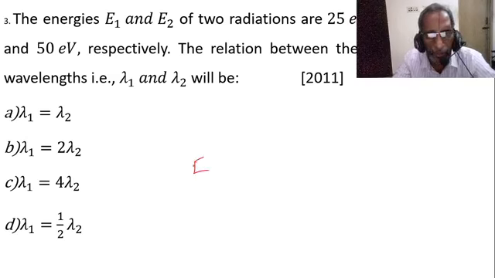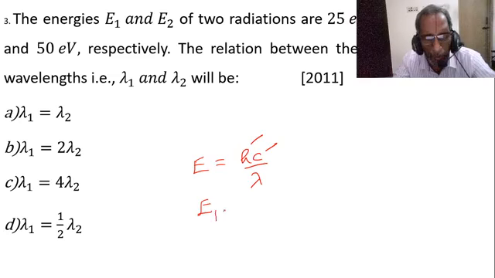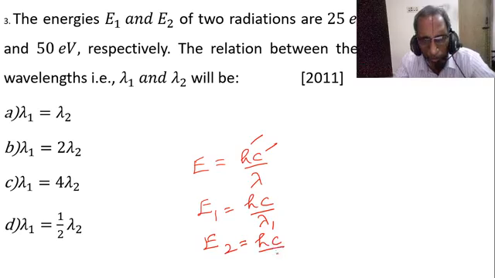We know that E is equal to hc by lambda. Here h is constant, c is also constant. If the wavelength is lambda 1, the energy is hc by lambda 1. If the wavelength is lambda 2, the energy E2 is hc by lambda 2.